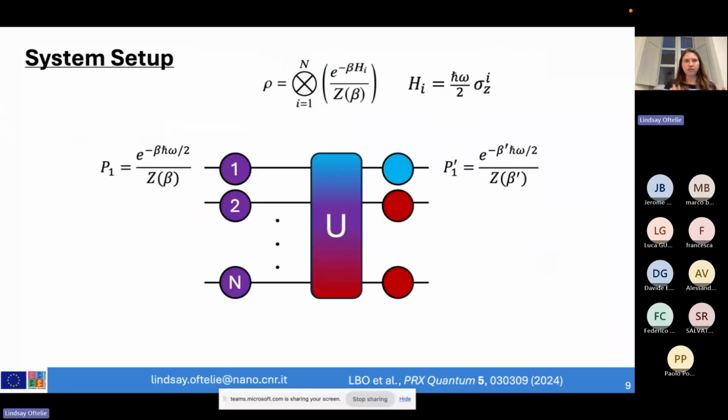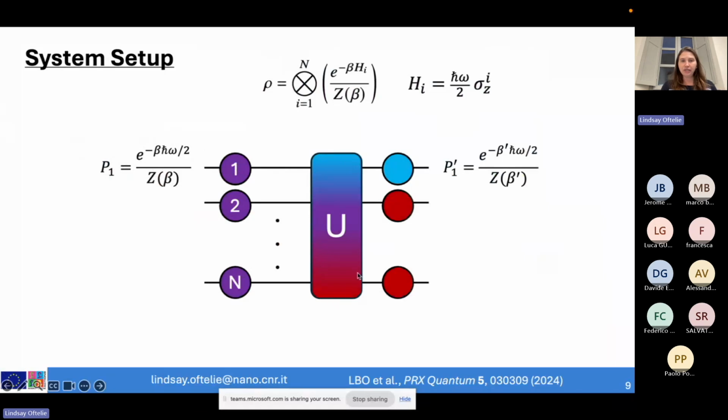So let's review the setup of our system. We have our N qubits that are all initialized at the same initial inverse temperature beta. And from this initial temperature, we can derive the initial probability of our target qubit being in the 1 state. So this should be small because we're starting at a low initial temperature.